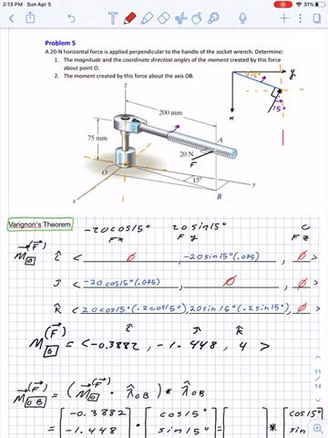So now we could say that this right here would be my f of x, which is equal to f cosine 15 degrees. And my y, fy, would be equal to f sine 15 degrees. And I hope that makes sense.